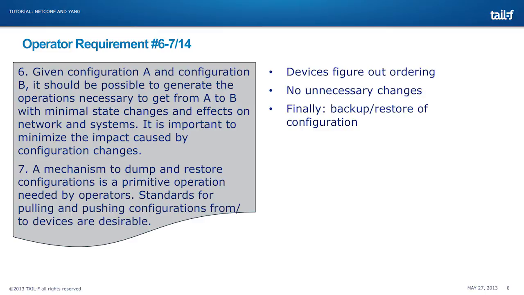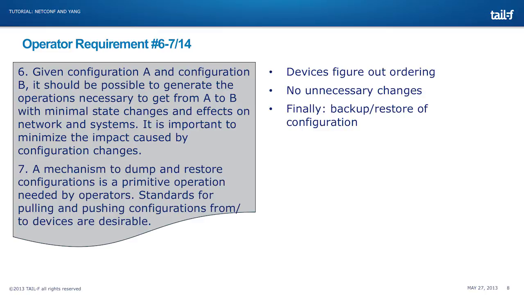What can I change together? What has to be changed separately? What order do I have to do all of this in? A lot of intelligence had to be built into the central management systems of the network and puzzled out from the devices being used. It wasn't clearly stated for the devices what they have, how you do that. Oftentimes you had to puzzle it out.